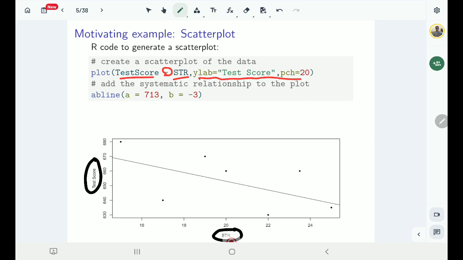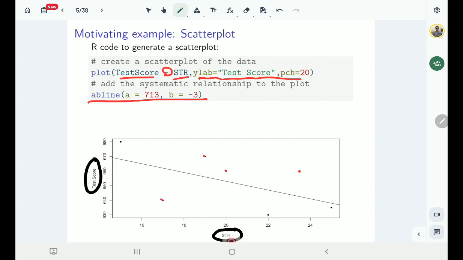If you want to change the y label, you have to add the label for y. pch=20 stands for the filled dots for the scatter plot. And by the way, this abline gives you the line with intercept 713 and with slope equal to -3.